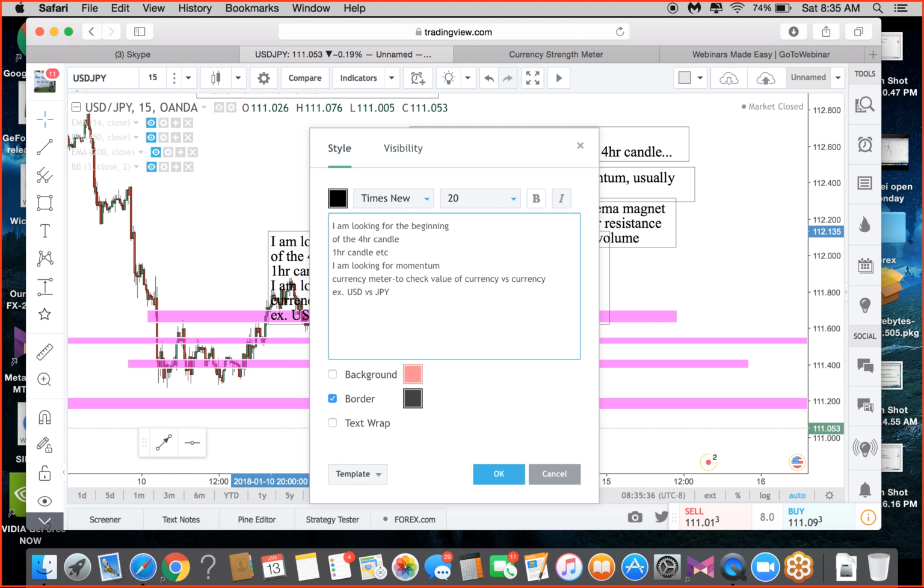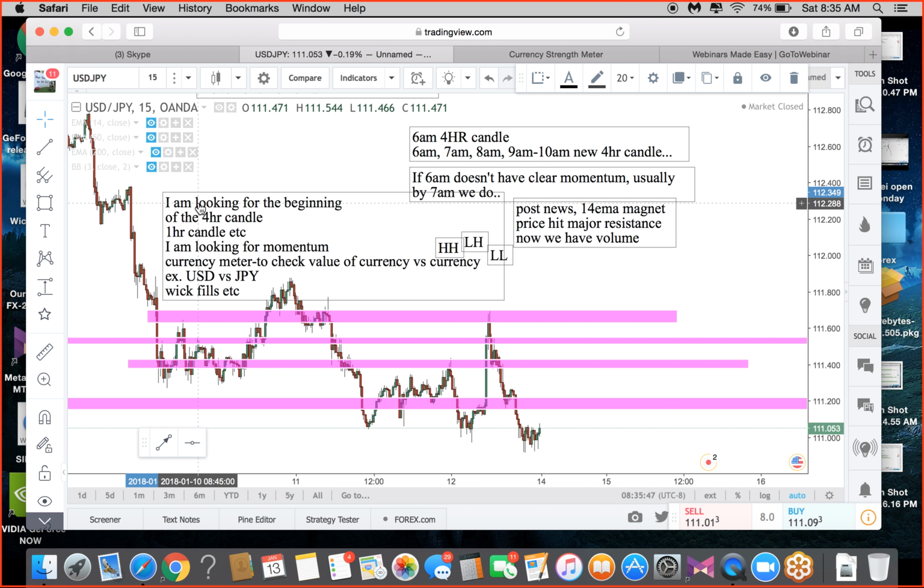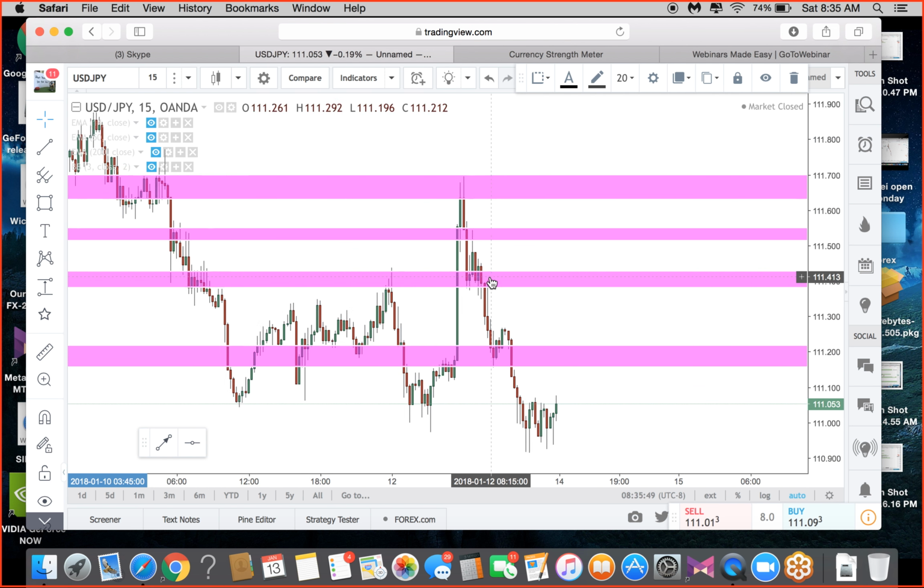And then looking for wick fills, etc. These are my key things that I'm looking for when I'm trading around that 1 hour and those 4 hours.